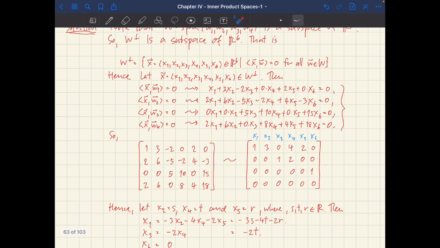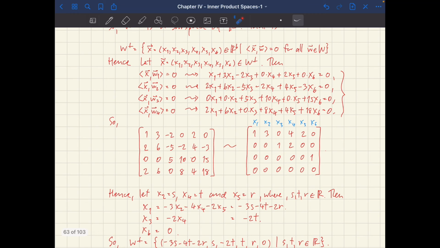From this, we can see that the first column, the third column, and the sixth column are pivot columns. So x1, x3, and x6 are basic variables, and x2, x4, and x5 are free variables. That's why we declare the free variables: we let x2 be s, x4 be t, and x5 be r, where s, r, t are any real numbers.